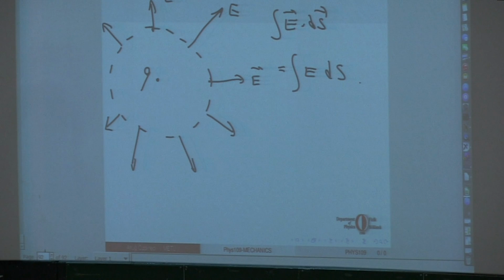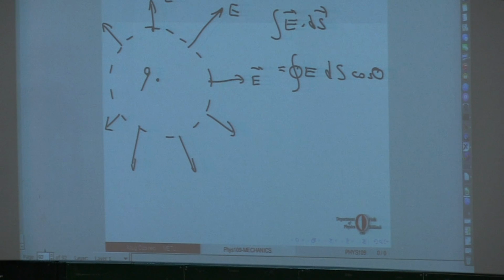It is 0 because we had already said that the electric field is pointing radially outward. It's in the same direction. The electric field is already perpendicular to the surface. That means it's in the same direction as my surface vector. So cosine of 0, integrated over this closed surface.